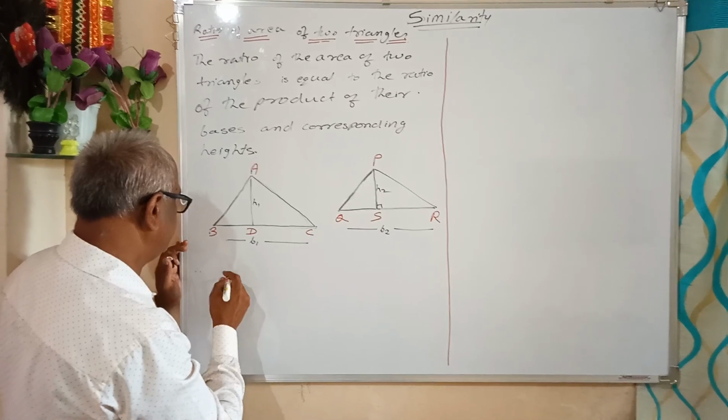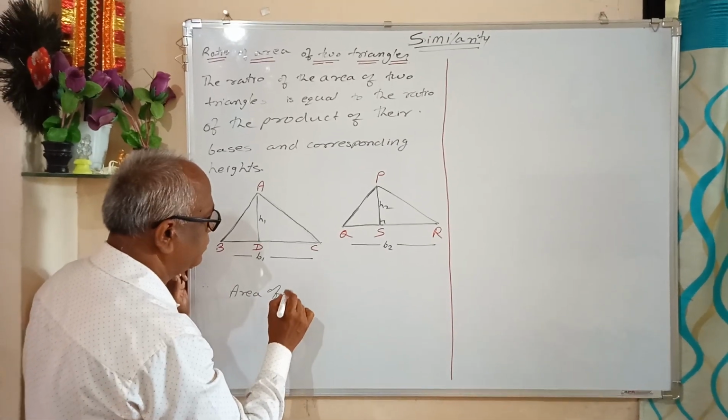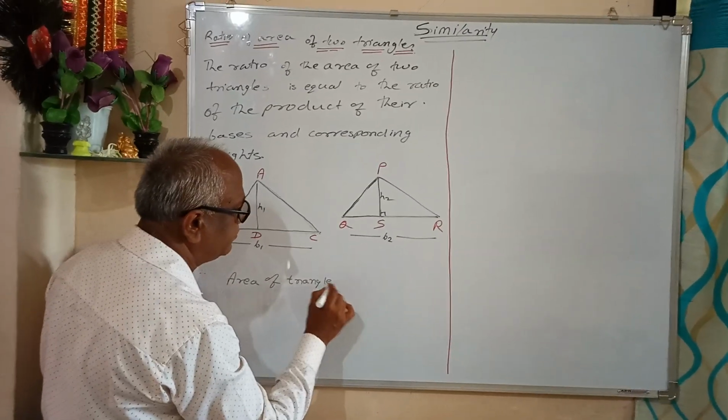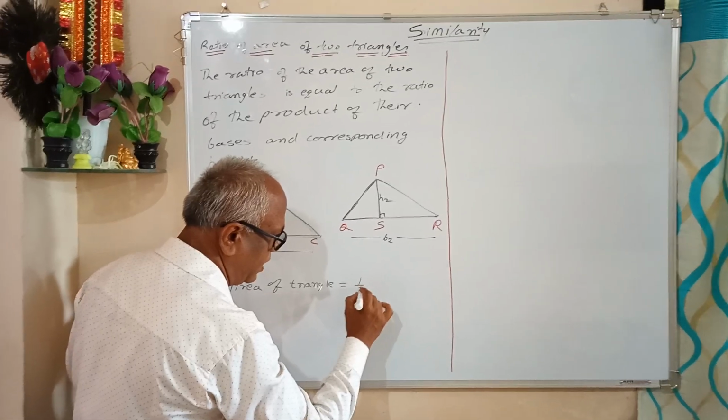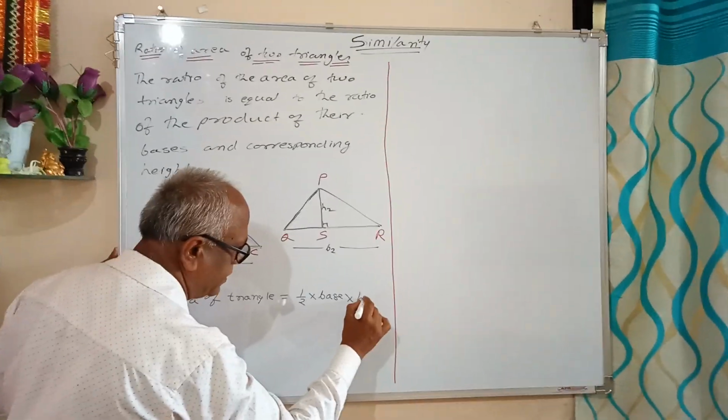We know that area of a triangle is equal to half base into height.